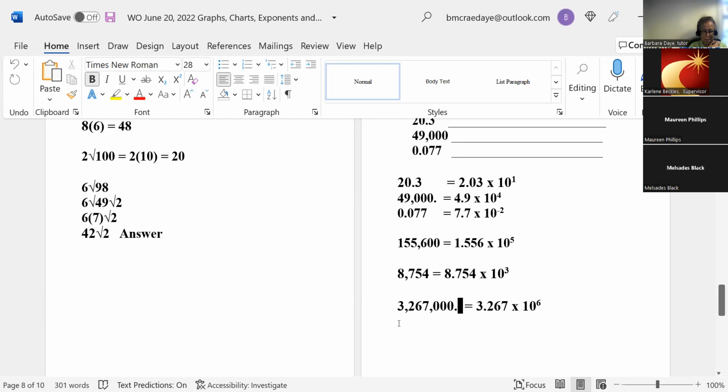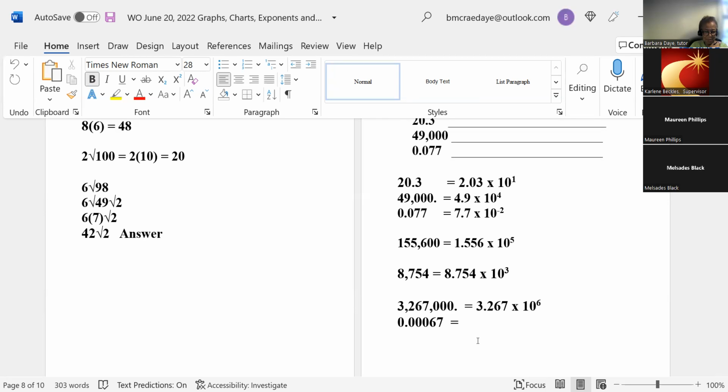Yes. Okay, now let's take some numbers less than 1 where you're moving the decimal point to the right. Now, 0.0067. You're going right now. Okay, Maureen, what is that one equal to? 6, 7. How many zeros? 3 zeros. Yes.